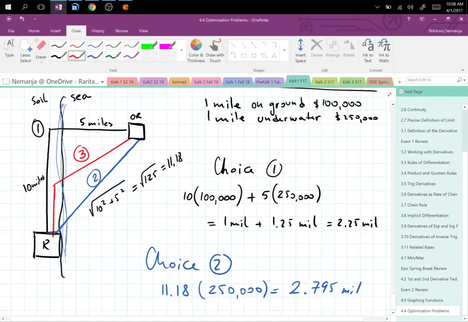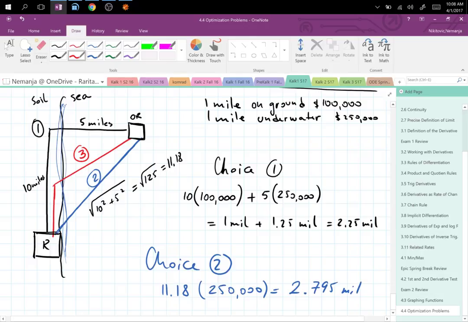I want to optimize this route and get the cost to be minimal. So now we are going to try to make the cost minimal.